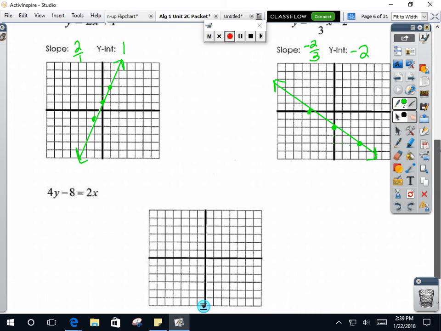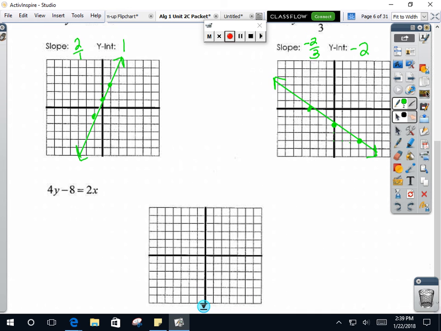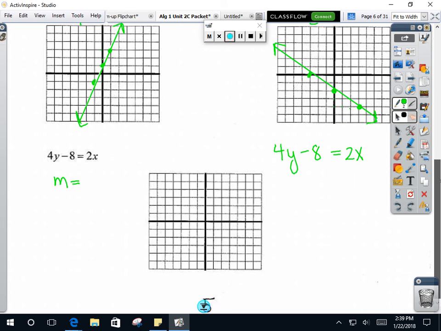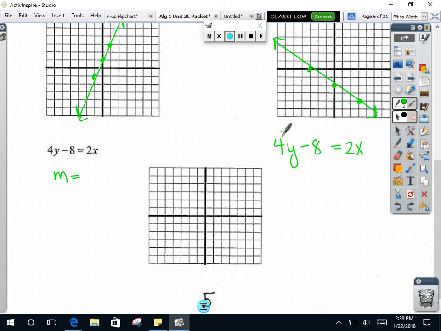Okay, then the third one. What is the slope? First, you have to rewrite it into slope-intercept form. You want it y equals mx plus b. Well, you've already got equals mx, and your y, you just need to add the 8 to the other side.